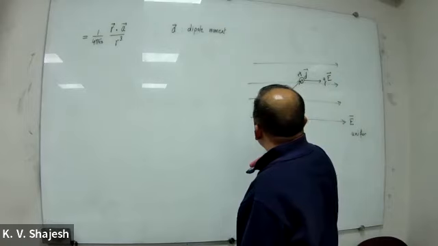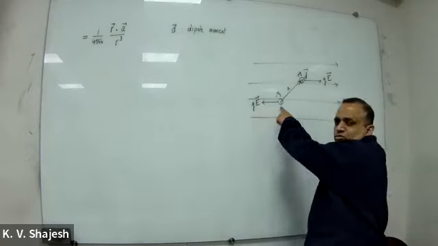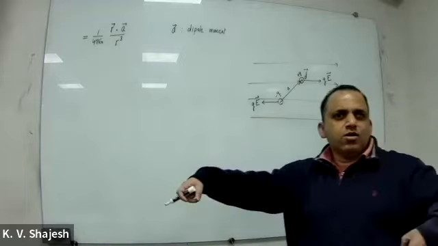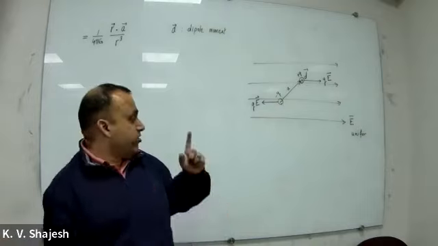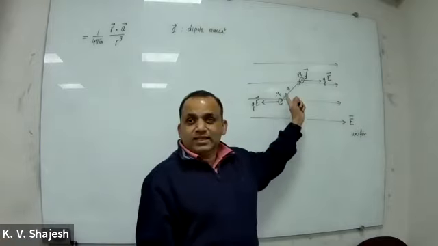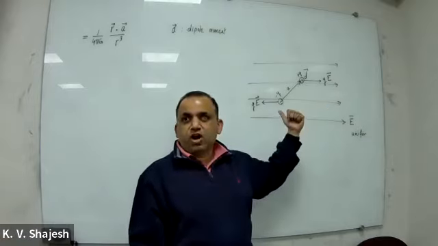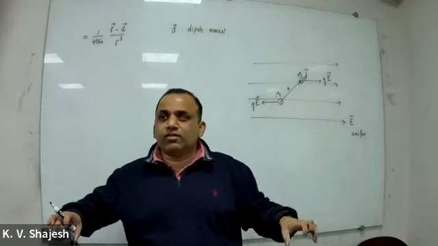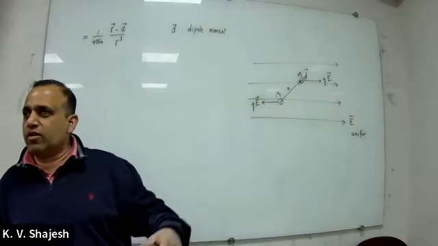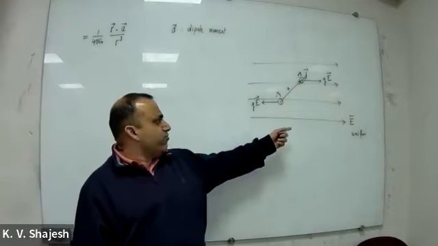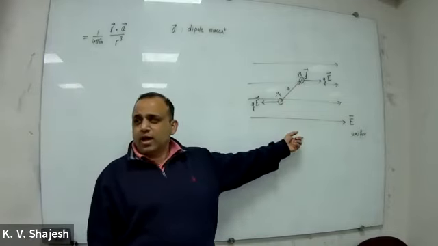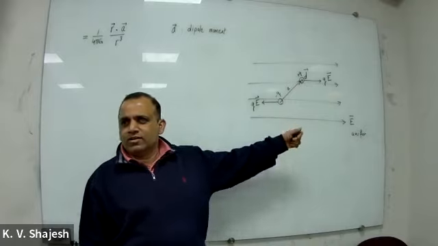So that's Q times E, but this time the electric field evaluated at this point. But if it's uniform, both electric fields are exactly the same and they cancel out. If it's not uniform, then these two electric fields are not the same, and then there is a gradient of the electric field that comes into the picture, and that's a force that it experiences. So the force experienced by a dipole is 0.